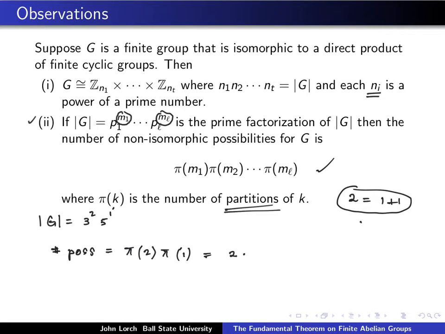Likewise, if we look at 1, there's only one way to write the number 1. So the partition function of 1 is just 1 itself. So we multiply 2 times 1 and we get 2 for the number of possibilities. And you might remember from the previous slide that that's exactly the number of possibilities that we obtained, right? We had Z5 cross Z9 and Z5 cross Z3 cross Z3.